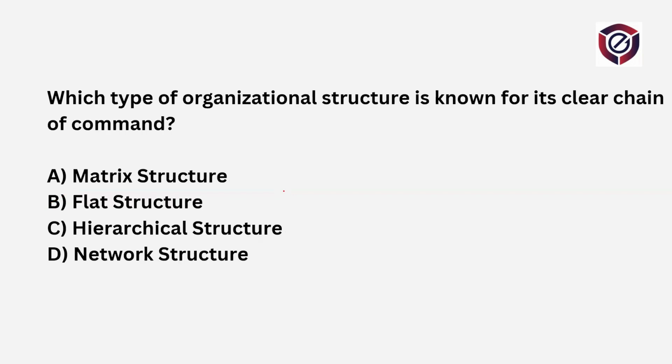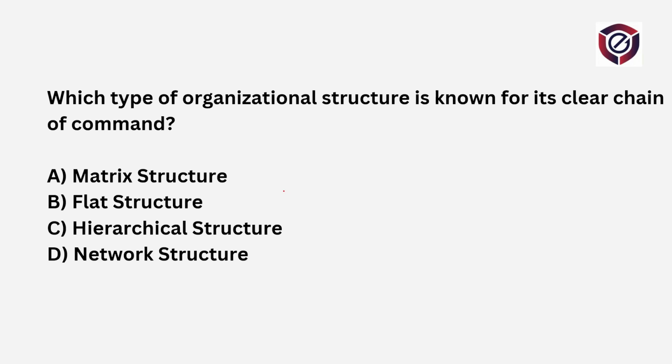Which type of organization structure is known for its clear chain of command? We have different structures such as matrix, flat, hierarchical, and network. In that, the clear chain of command is mostly visible in the hierarchical structure. If you imagine the hierarchical structure, there will be the CEO.